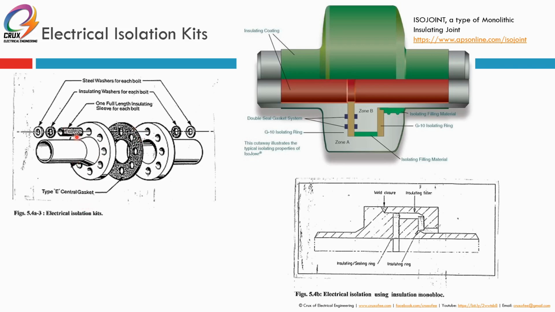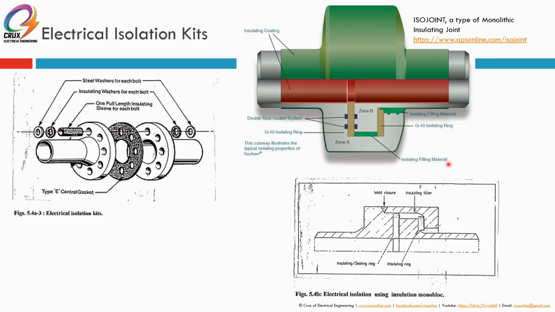Also you have your insulating sleeves and your insulating washer. Your bolt and nut are still metal, but there will be no electrical connectivity between these two pipelines because of this insulating flange. So it's basically due to your insulating gasket plus your insulating sleeve and washer for the bolt connection.